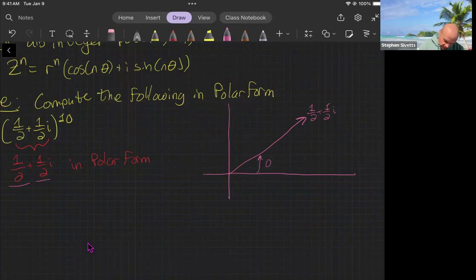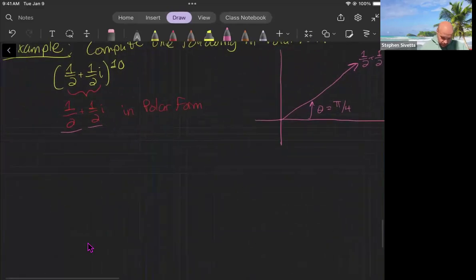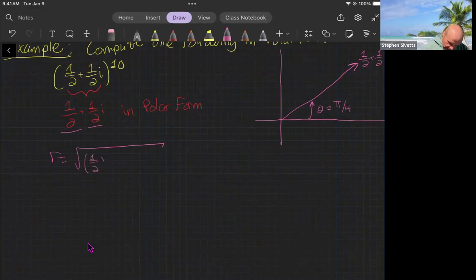And so if your real and your imaginary components are equal, that means your angle is always pi over 4 radians. So really, all we have to do is compute the radius, or the magnitude, I'll say. The magnitude is 1/2 squared plus 1/2 squared, right? And so this equals 1/4 plus 1/4, which is 1/2.